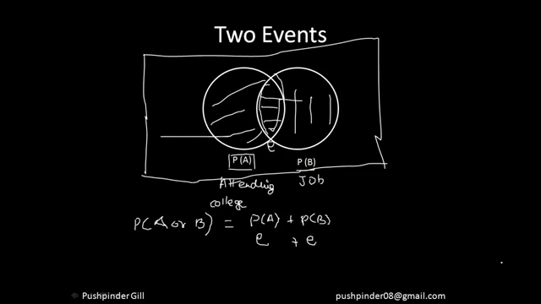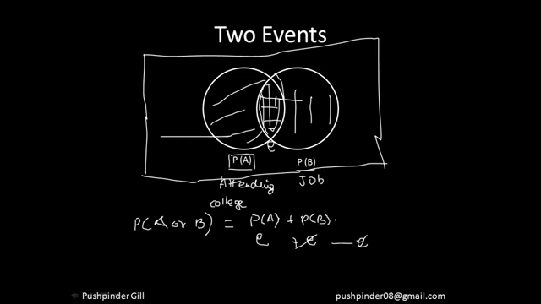That means I've added E twice, so this area has been added twice. And to calculate this complete area fairly, I would need to subtract E once, so that in net effect I have calculated the complete area only once.